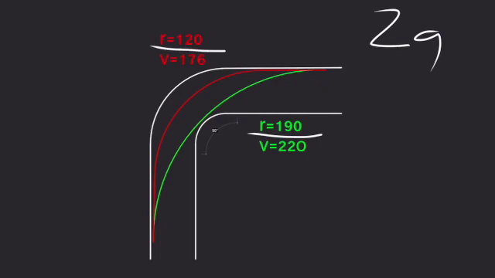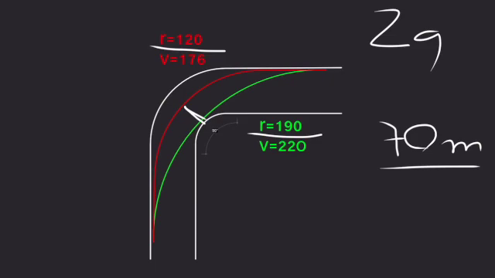In this case, red misses the apex by an arbitrary distance that I chose, and by doing so, the radius goes from 190 meters to 120 meters. There's a difference of 70 meters of radius in this 90-degree corner.